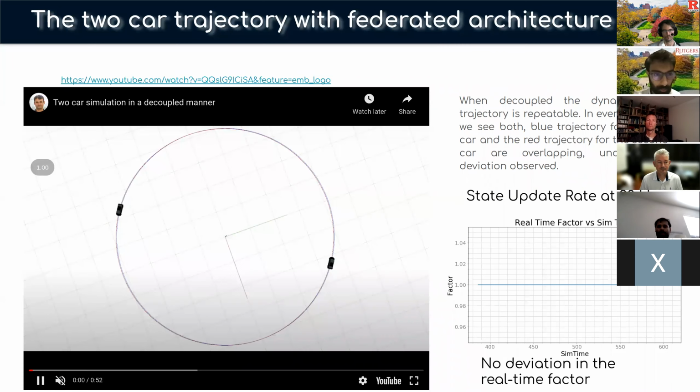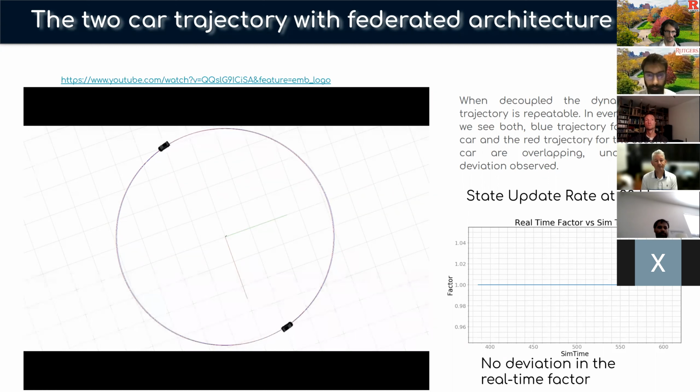And so with this method, I had 2 car simulations that keep going in a circle, and the result comes out to be the same with a slight bit of difference, because it's still not exact, but we are able to achieve repeatability to a much larger extent.